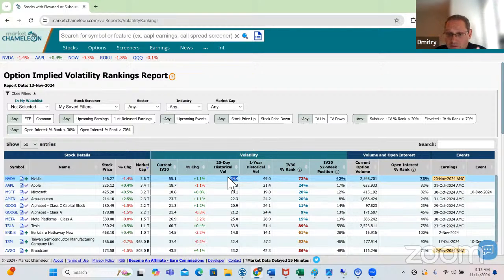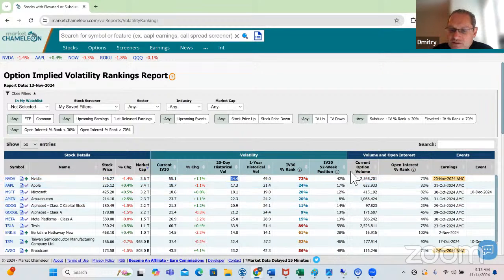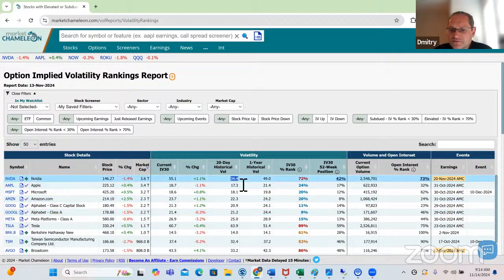So let's look at these 4 that we have in this table. The first one is the 20-day historical volatility of this stock. How did the stock move in the last 20 days, the most recent history? What does that volatility look like?